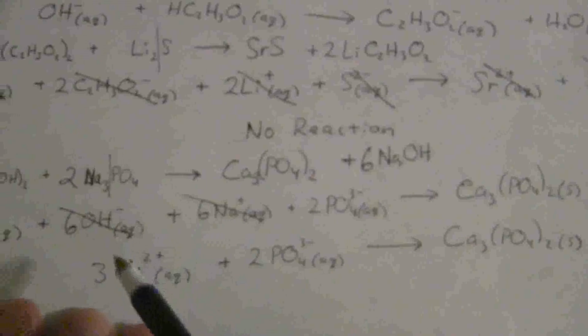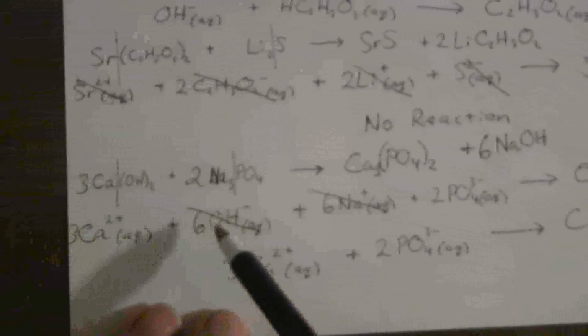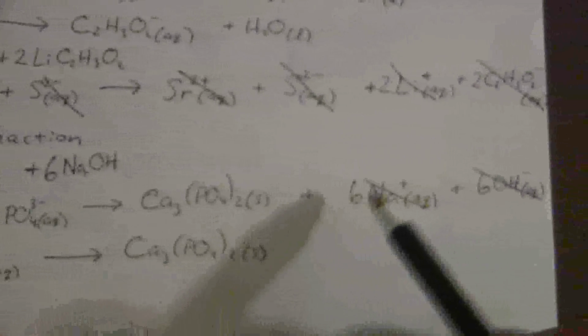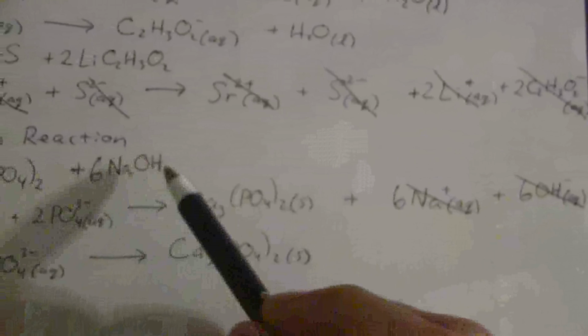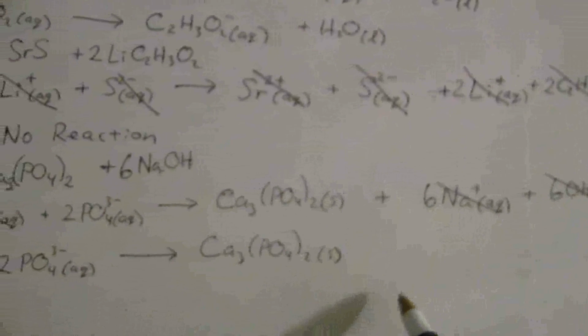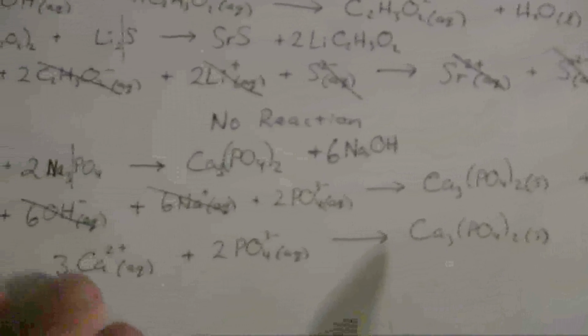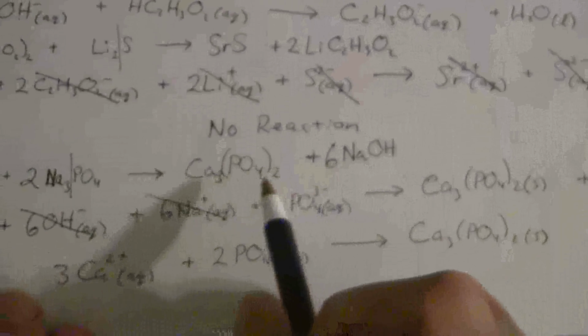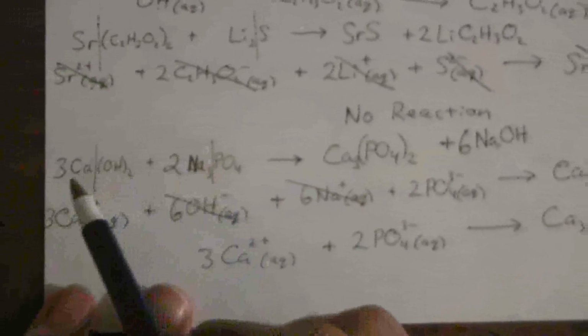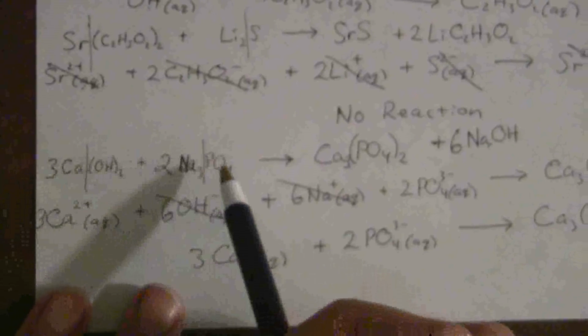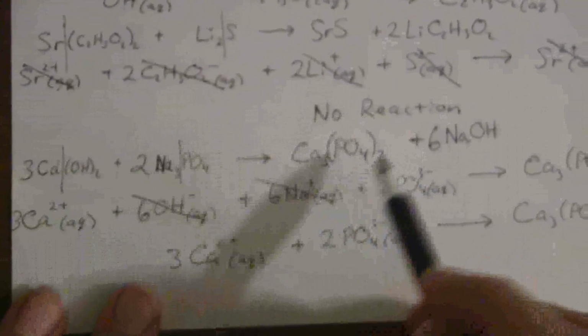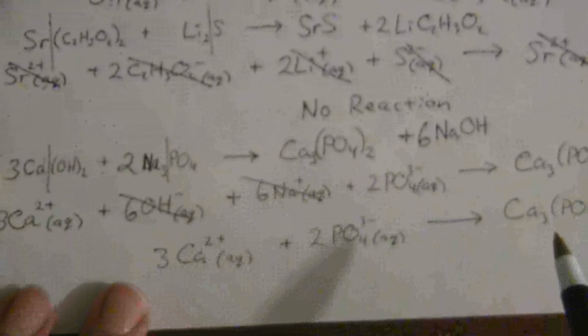Write those charges, distribute the coefficients as appropriate, through both those ions. Write your states of matter, and then when you're predicting products, make sure you check the charges when you're writing your new formulas. Okay?